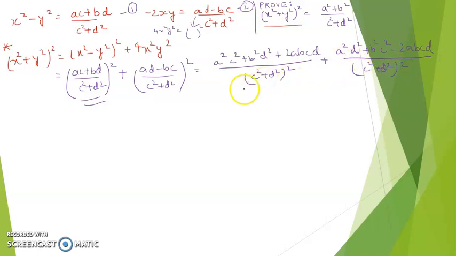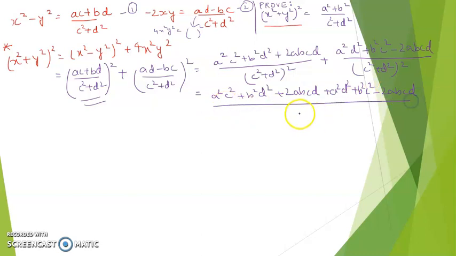Now you see, students, denominator is same, so I can directly add this. So this is equal to a square c square plus b square d square plus twice abcd plus a square d square plus b square c square minus 2abcd upon c square plus d square whole square.